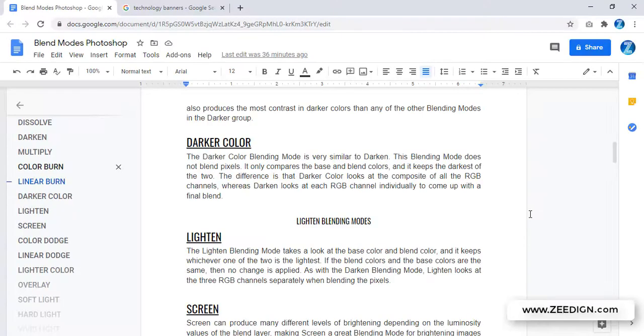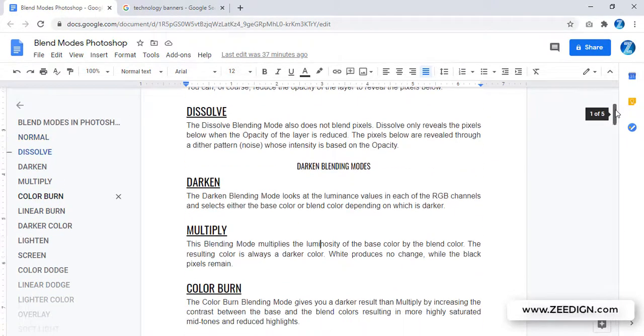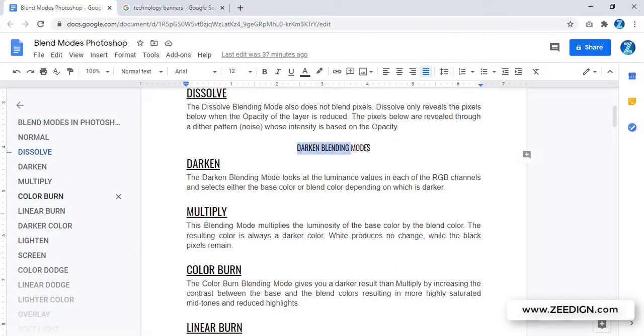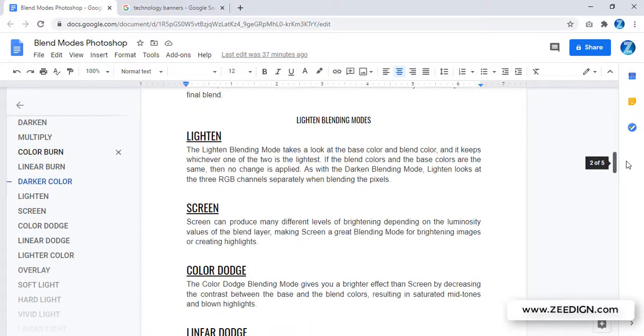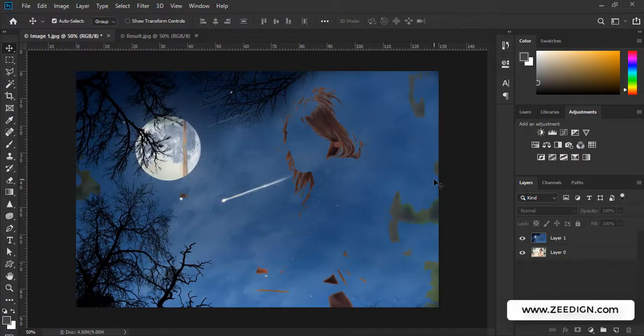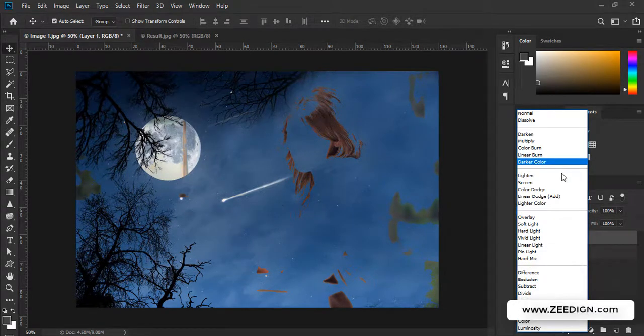Moving on to the next category, we are done with the darker one, the darken blending modes. We are done with these, we are done with the normal ones. Let's move on to lighten blending modes. Okay, the lighten blending modes are pretty much the opposite of the darken ones, because there each result was getting darker, and now in case of this category it is all about lightening.